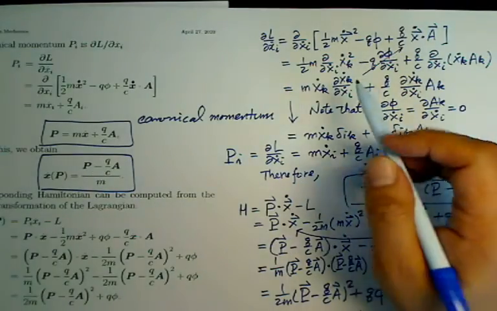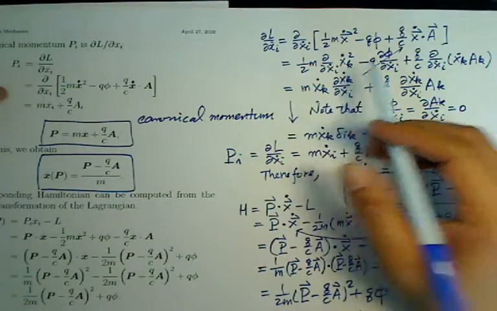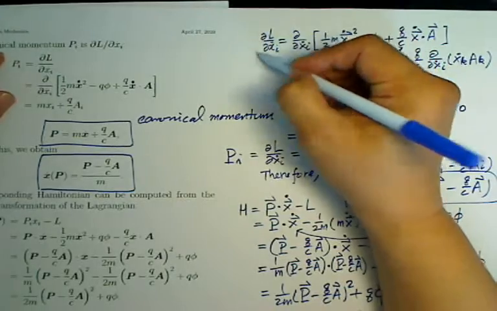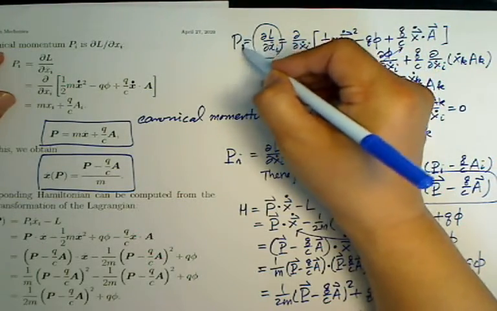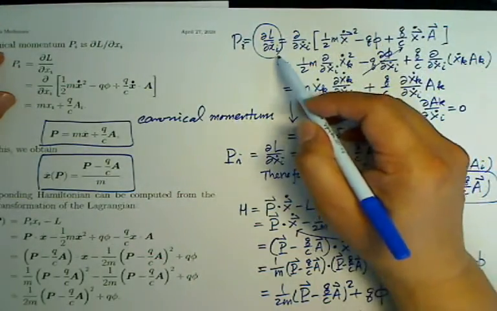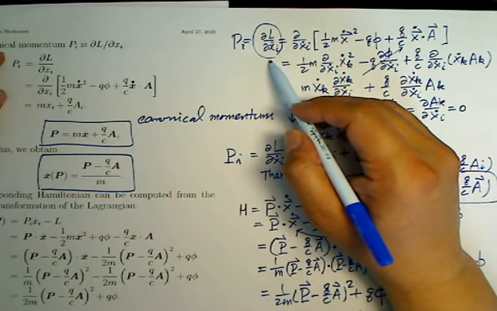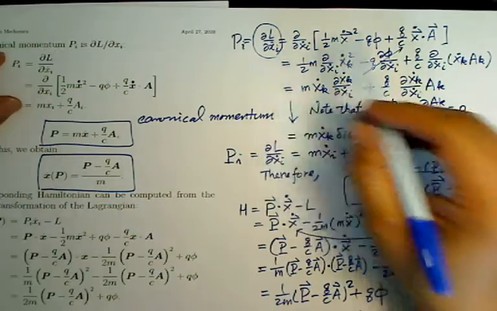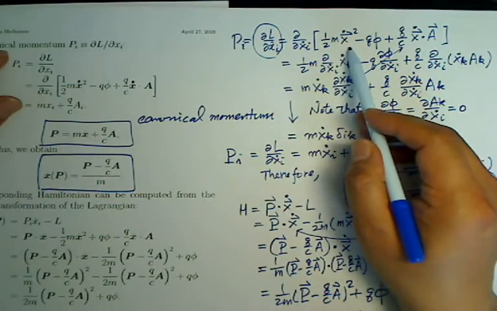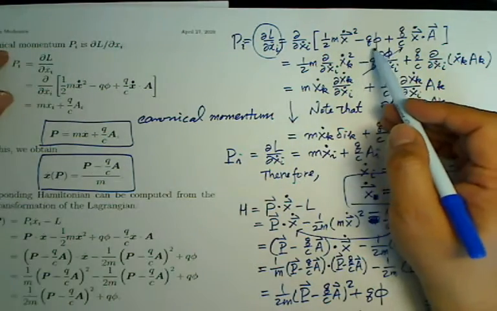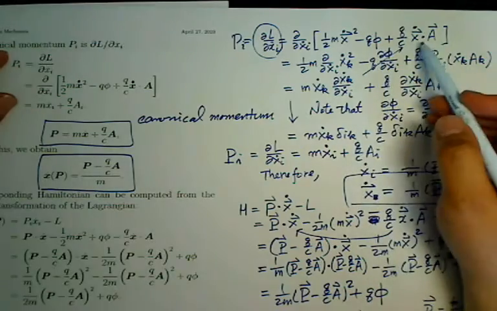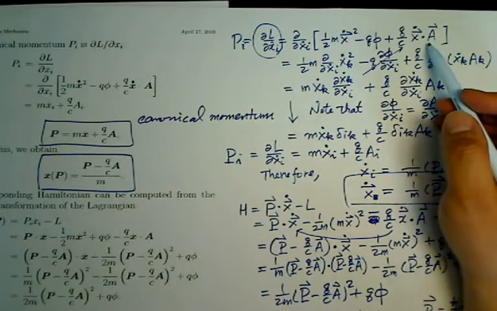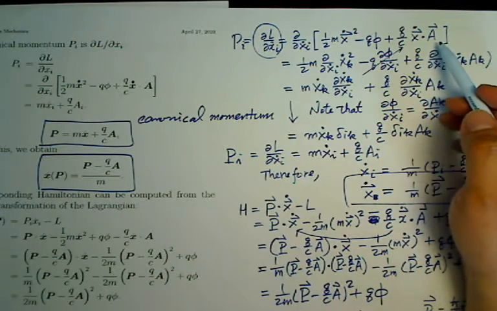First, let me make use of this Lagrangian to find the conjugate momentum pi. What I have to do is take the partial derivative with respect to the time derivative of the coordinate. This is the kinetic energy and electrostatic energy, and this is related to the interaction of the particle with the vector potential.